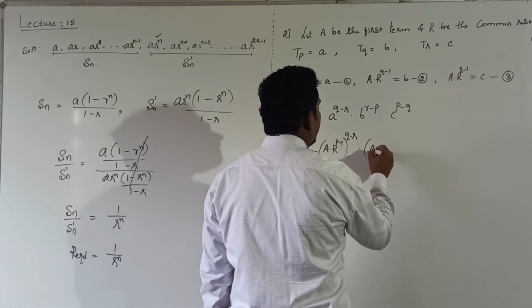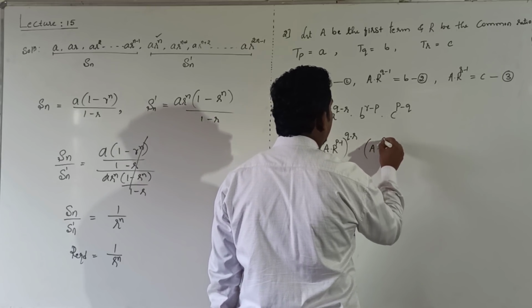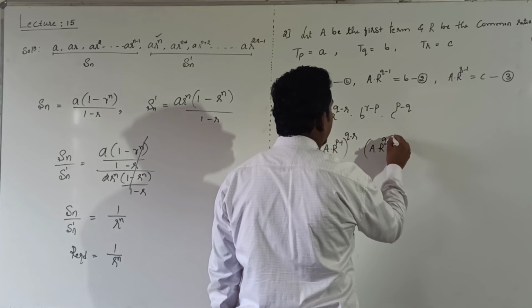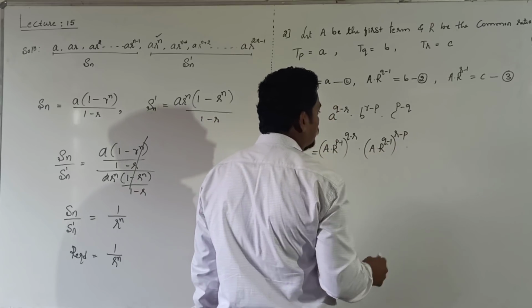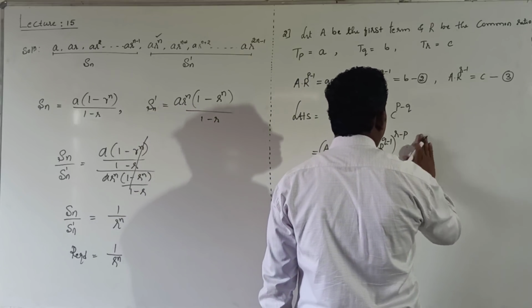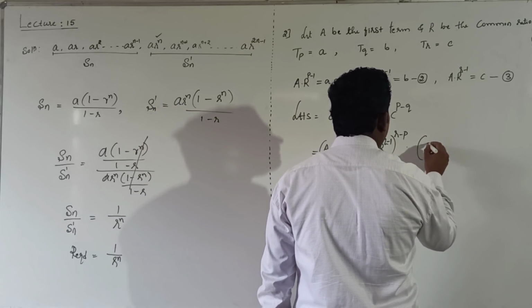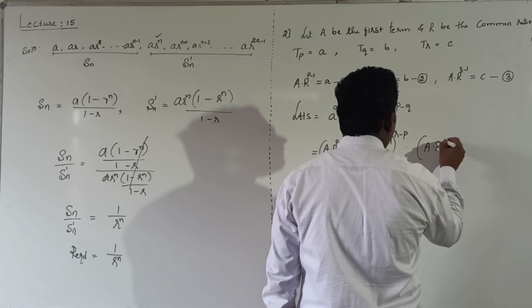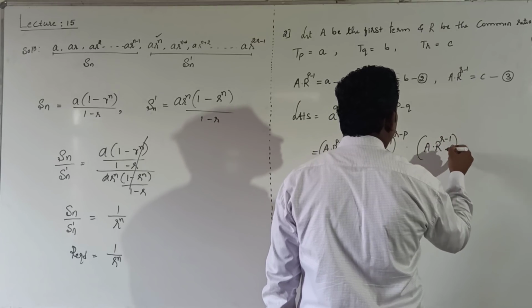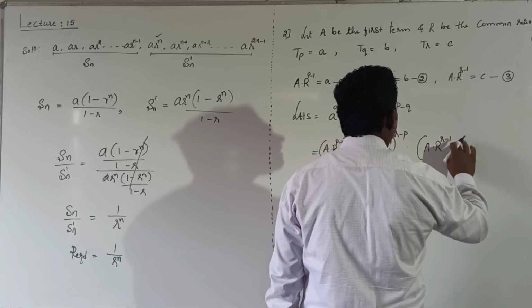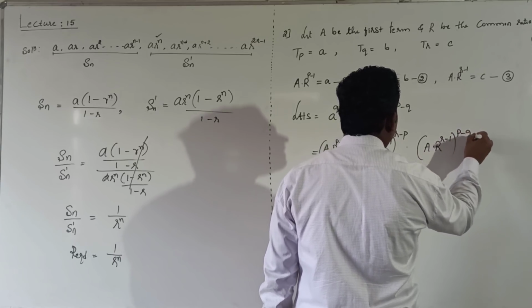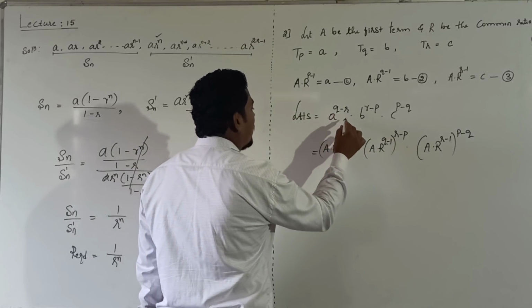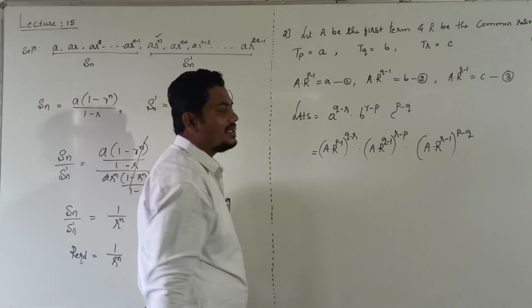Small b value is capital A into capital R power q minus 1, whole thing power r minus p, into. What is small c? That is capital A into capital R power r minus 1, to the power p minus q. Simply replace small a, small b and small c values.